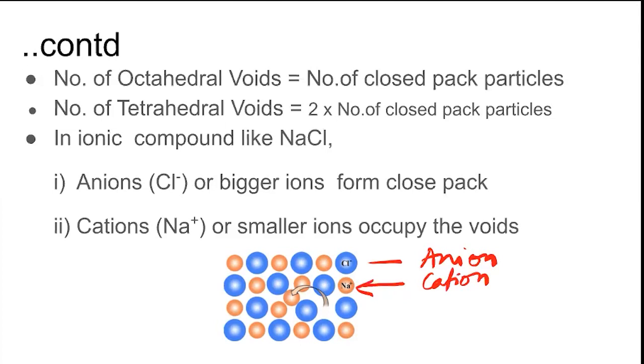So in the voids present in the crystal structure, the cation will occupy the space or the void which is created by the anion. Anion will do the close packing, and the cation will take the interstitial space.